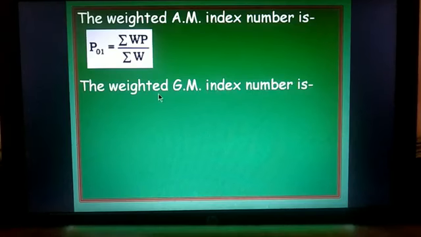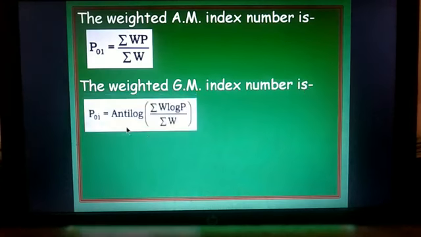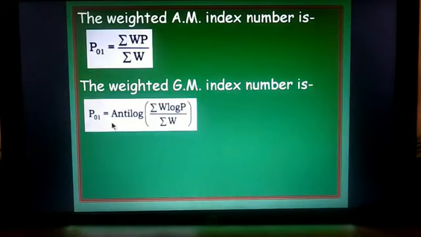The weighted geometric mean index number is, in terms of geometric mean, when you see what will happen. In the last video also we had come across geometric mean index number, but there it was simple one, that's why W was not there. That means it was unweighted, not weighted one. What was earlier in terms of unweighted? Antilog of sum of log P divided by N, it was number of observations, correct?